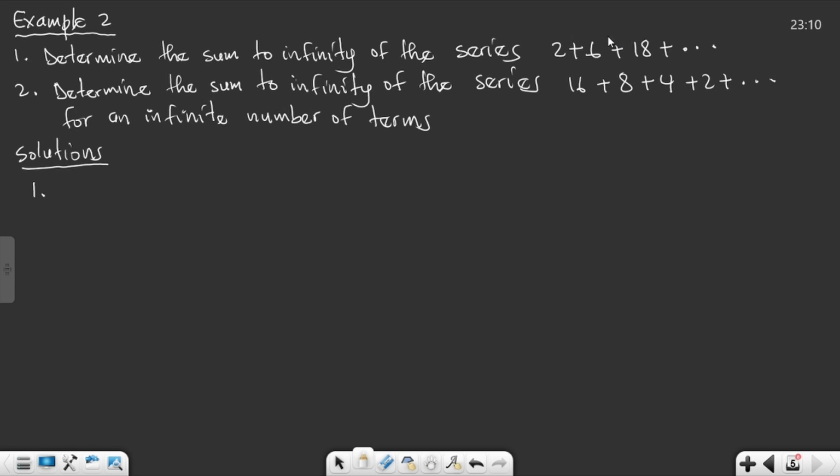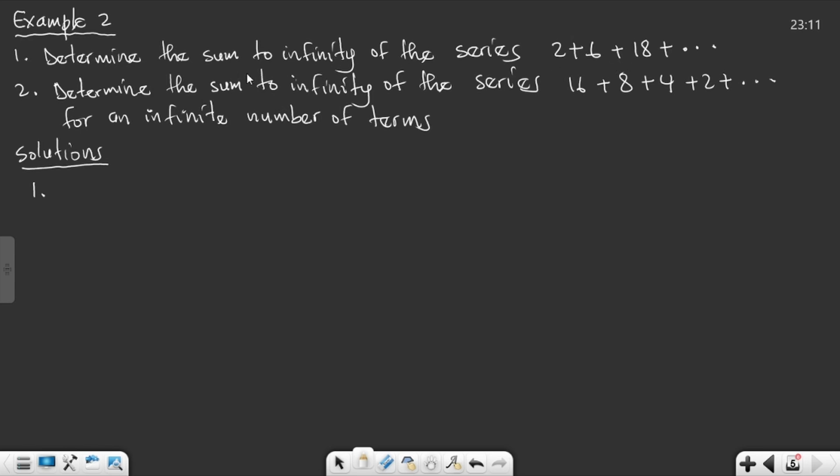But you can see that r, the common ratio, is equal to 3. And this tells you that the value of r is not between -1 and 1. And you can also see that the values of the terms Tn are getting bigger and bigger. So this cannot be a converging geometric series. This is actually a diverging geometric series.